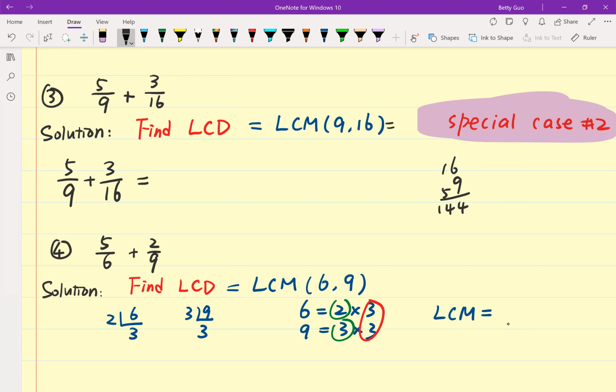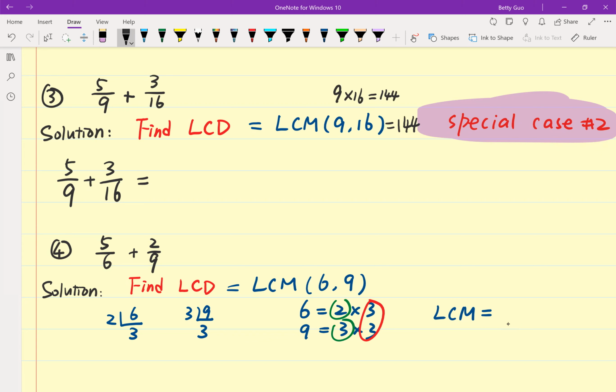Do you have a calculator? 144, right? Is 144 correct? Yeah, you multiply them together. If the two numbers are mutually prime, LCM is their product. I have this here as a reminder. Remember special case number 1, special case number 2. You get that? 9 times 16 is 144. The LCM is 144.